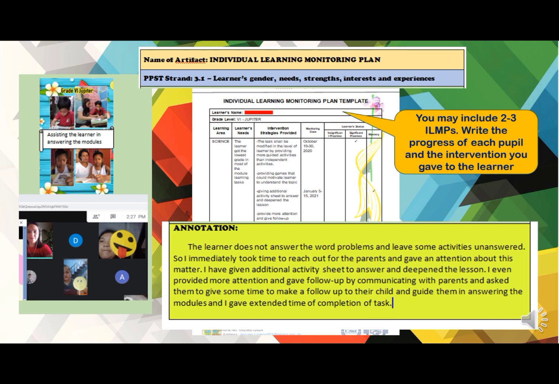I even provided more attention and followed up by communicating with parents and asking them to give some time to follow up with their child and guide them in answering the modules. And I gave extended time for completion of tasks. So, don't forget to put in our annotation what you did for the child.